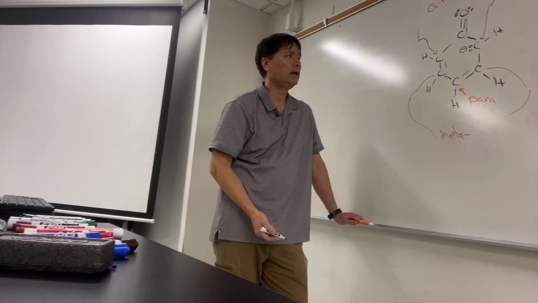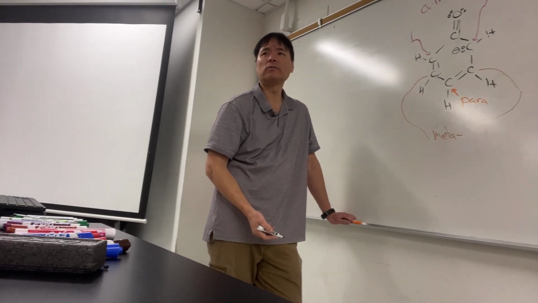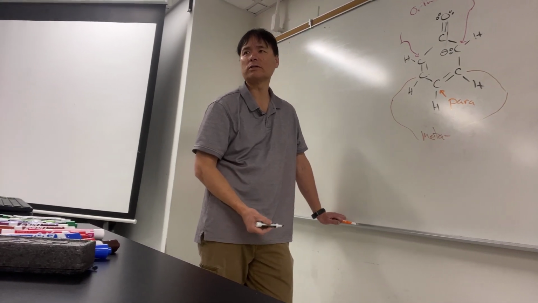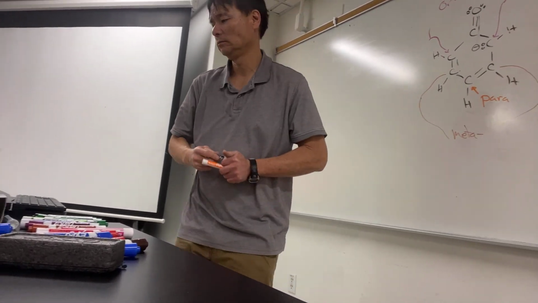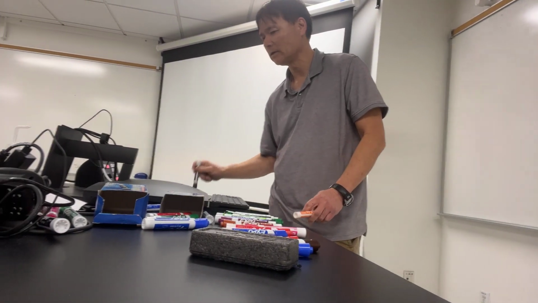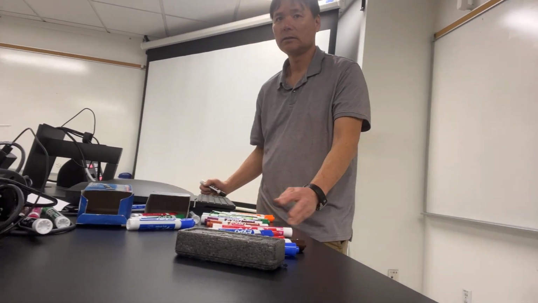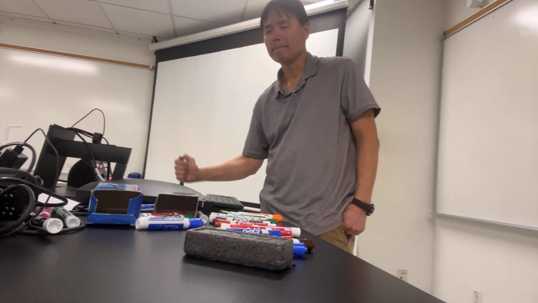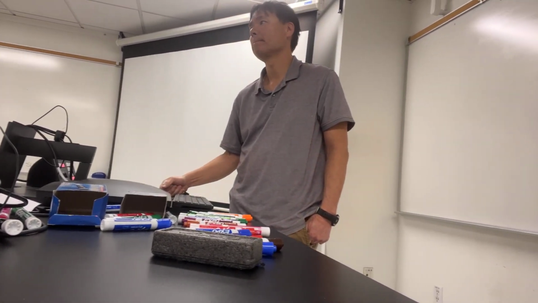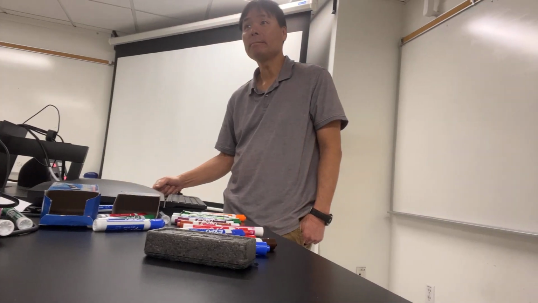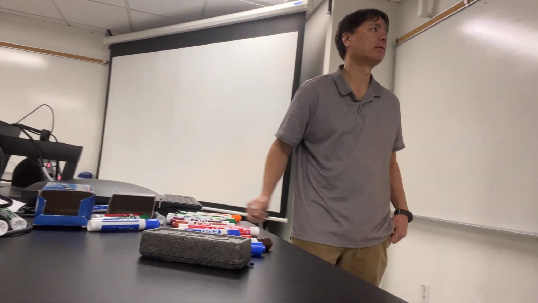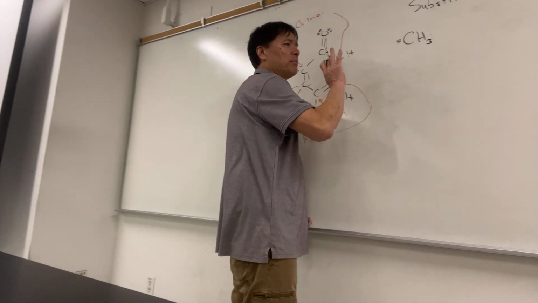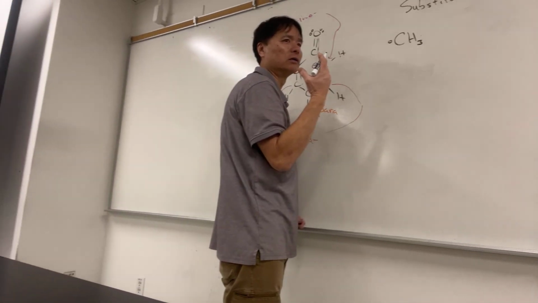Is a methyl group electron rich or electron poor, or just kind of in the middle? What would you say a methyl group is? It's rich, yeah. So that means it's an electron pusher or electron withdrawer? It's electron pusher.